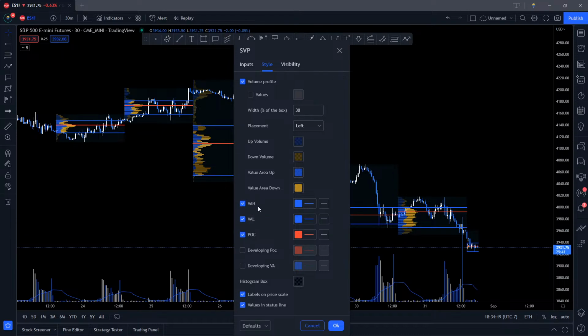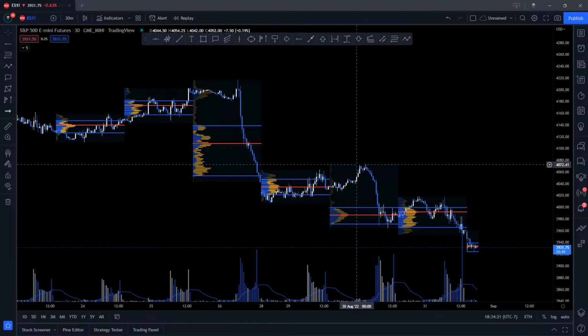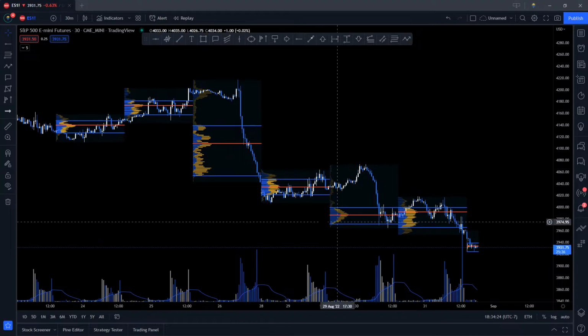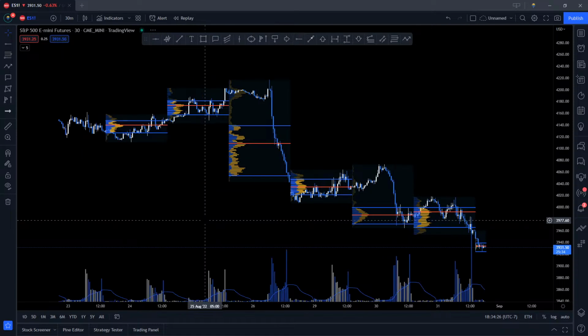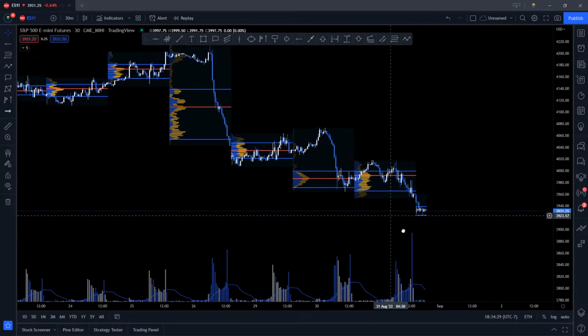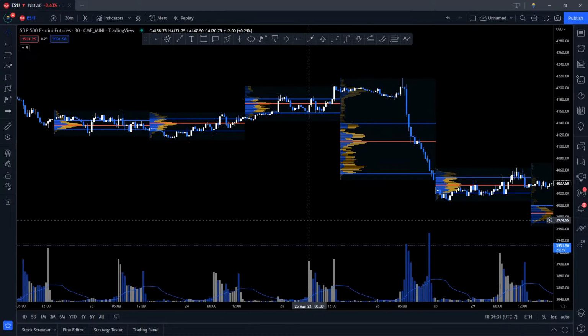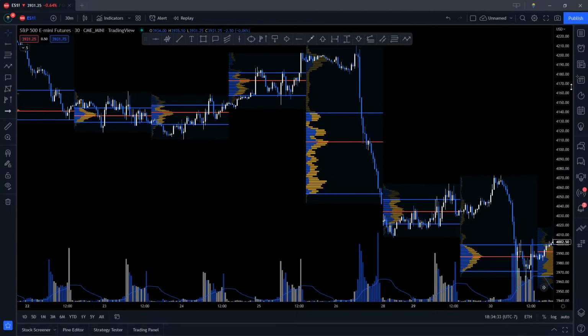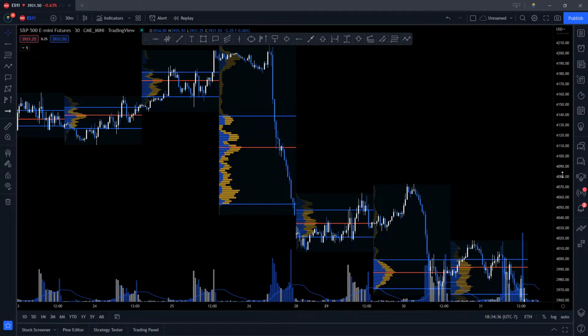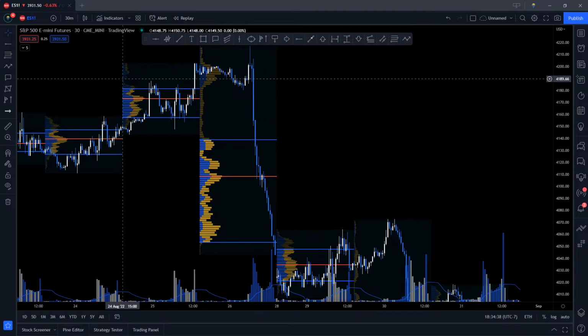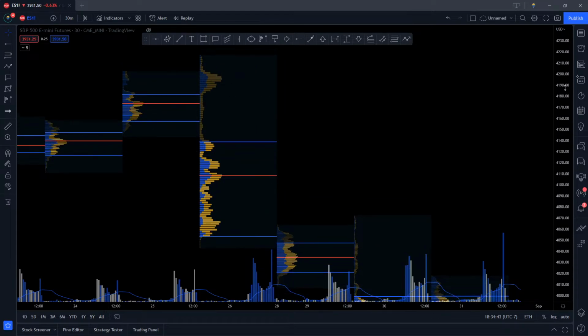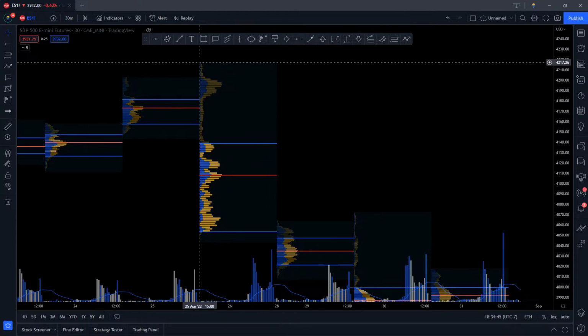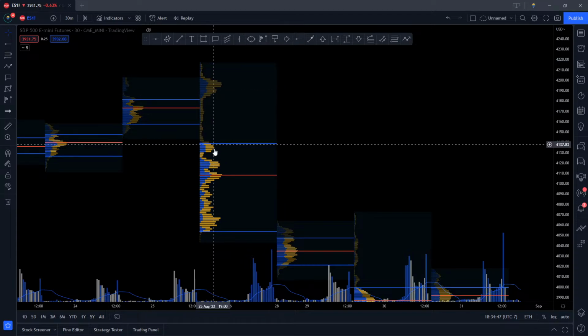So value area high, value area low, you want to make sure you have both of those turned on. And I'll cover what that is in a minute. But basically, if we zoom in on one day here, let's pick this one here, and let's turn off these candles. So this whole area, red and blue, is going to be my volume profile.